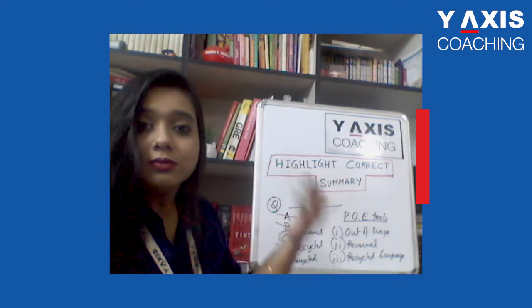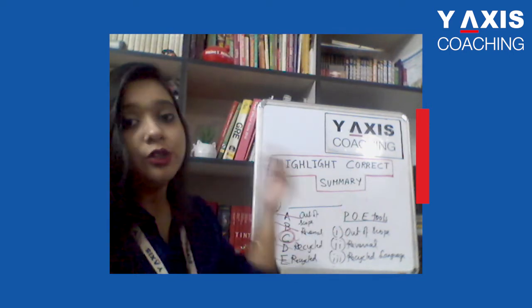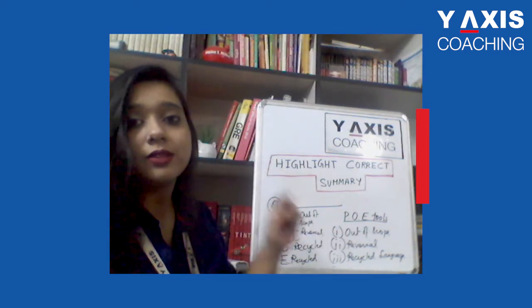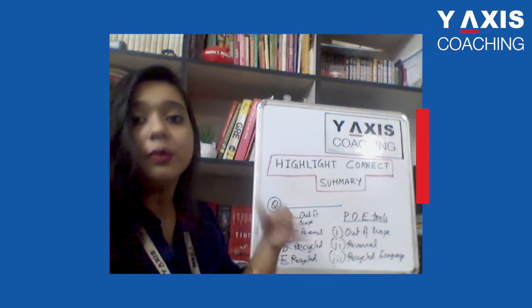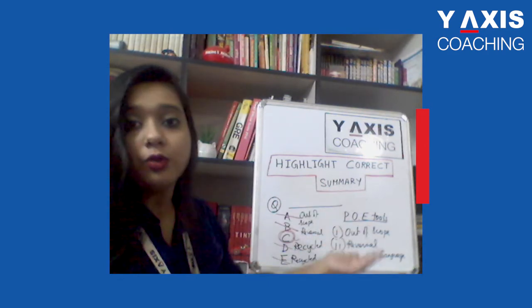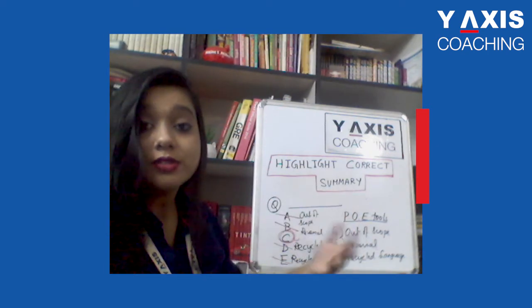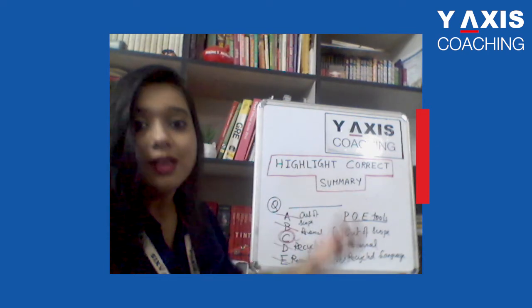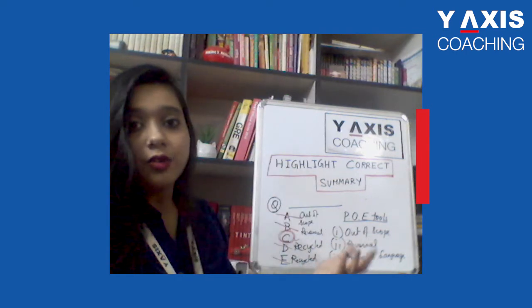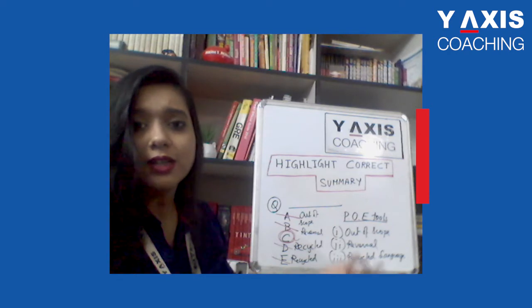So it is only the process of elimination which will help us figure out one correct summary. Remember, there will be only one correct summary. The other 4 answer choices will be wrong. On what basis will you eliminate the 4 wrong answer choices? It is wrong because it is just having a supporting idea, not the main idea.